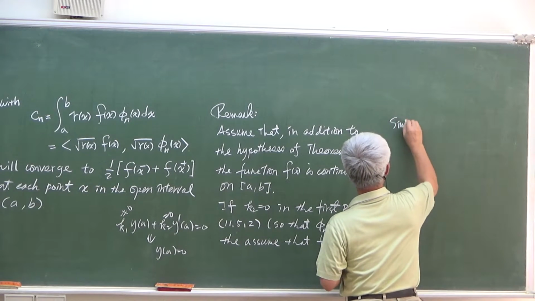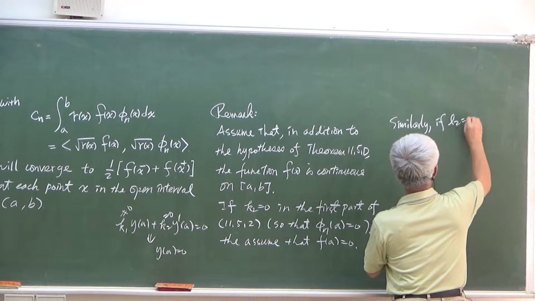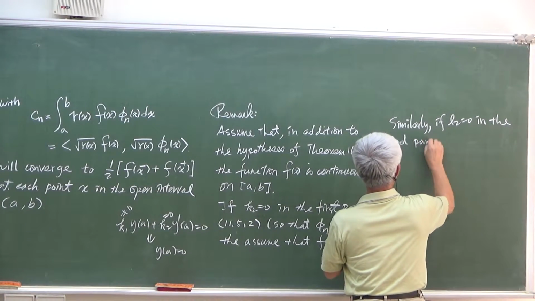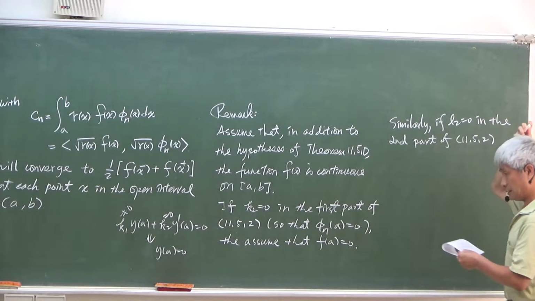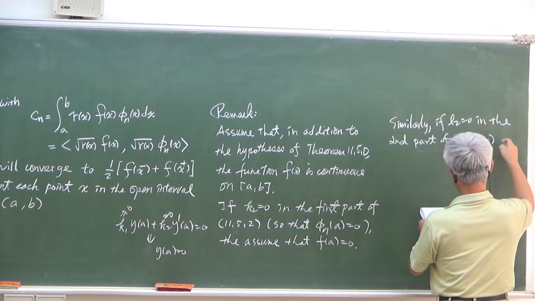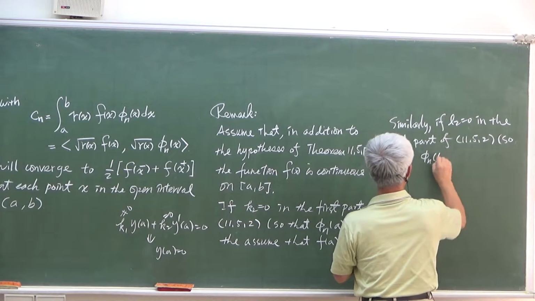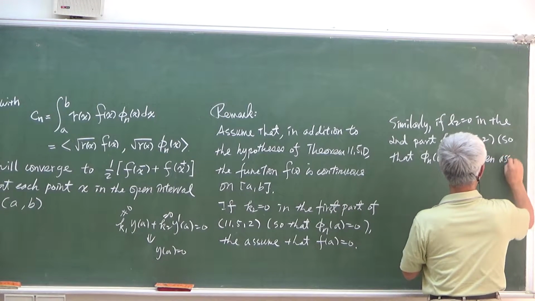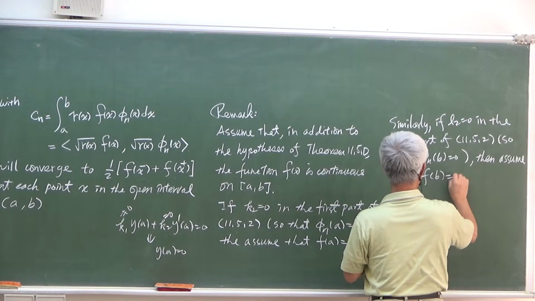Similarly, if l2 equals 0 in the second part of the boundary condition at the other endpoint x = b, so that phi_n(b) equals 0, then we assume that f(b) equals 0.